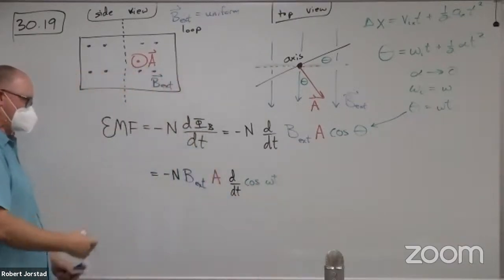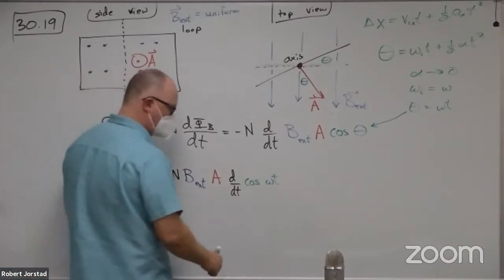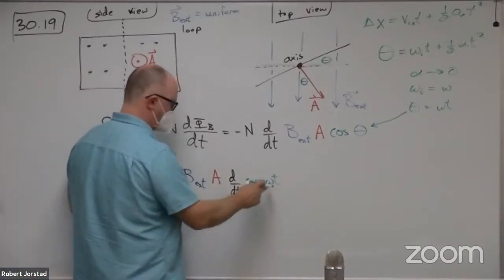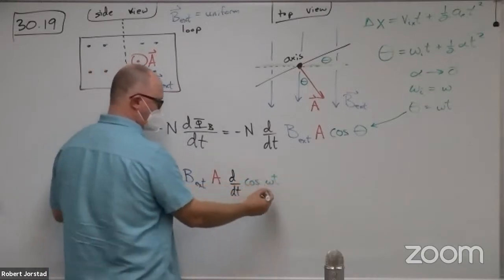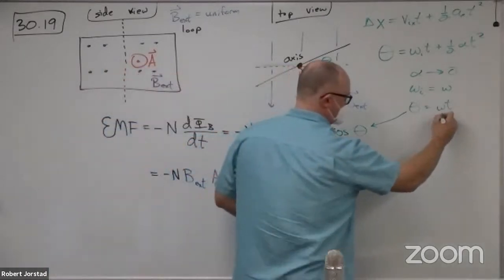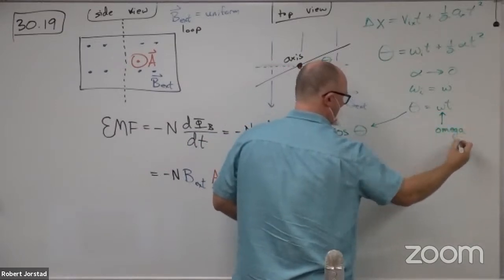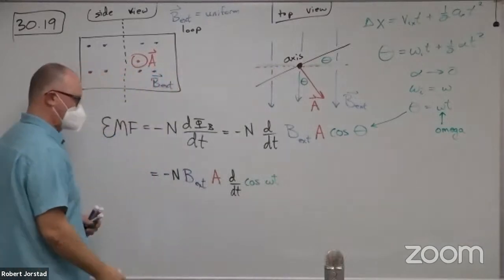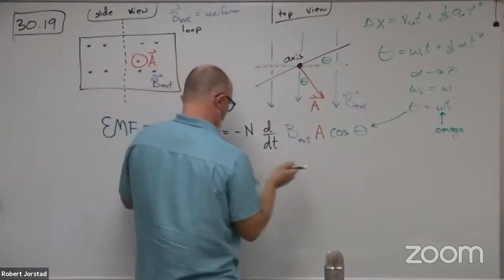What's the derivative of cosine omega t? Oh, don't call it W, even though we want to call it a W. Remember, this is omega. So let's make that clear. This is omega, not W. Okay, so what do you get when you take the derivative of cosine? Negative sine.